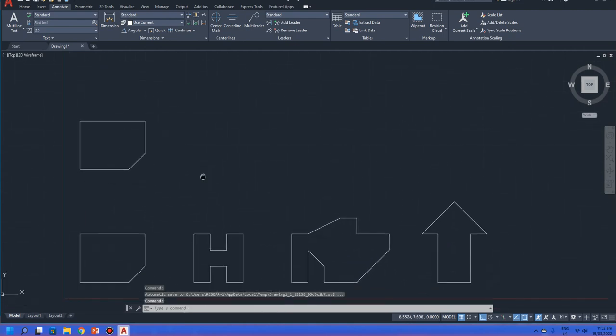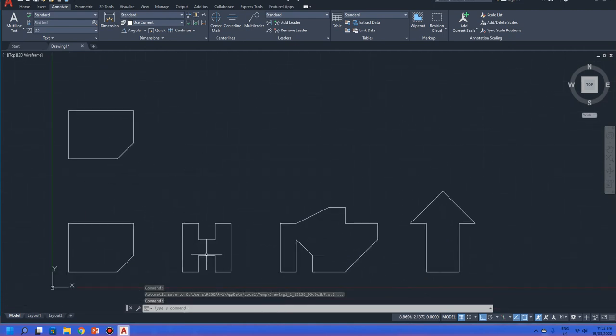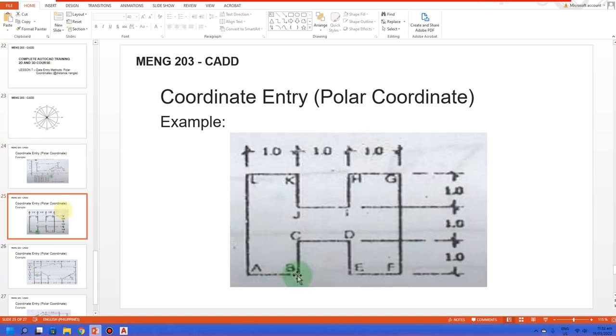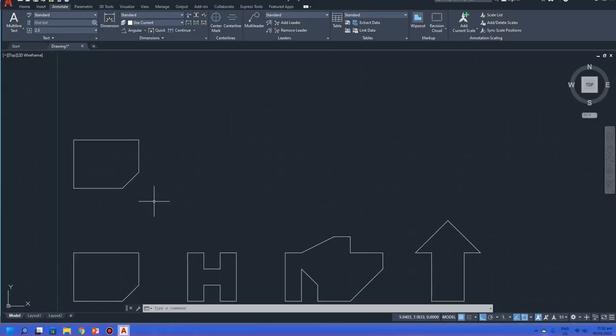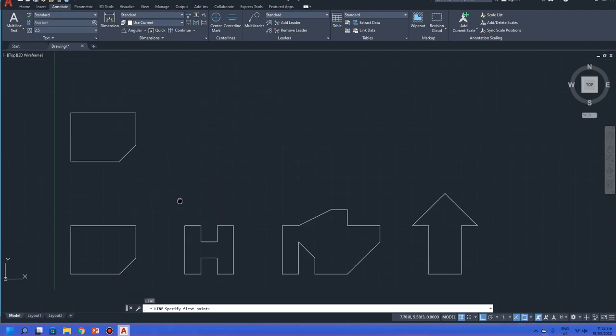Okay, so now let's try to do this sample, the H-shaped figure. I want to create my first point here. 1, 2, 3, 4, 5, 6, 7, 8, 3, 4, 5, 6, 7, 8, 8.